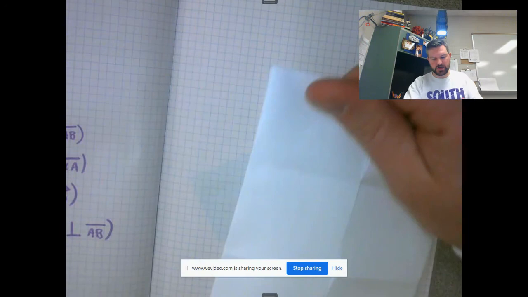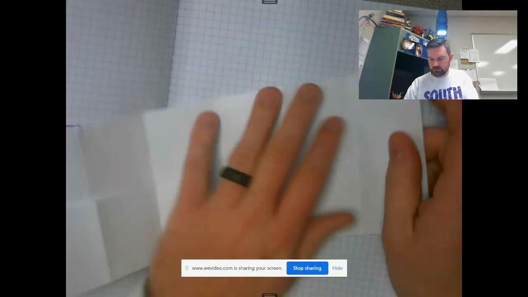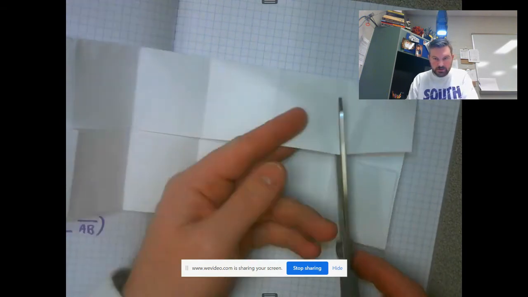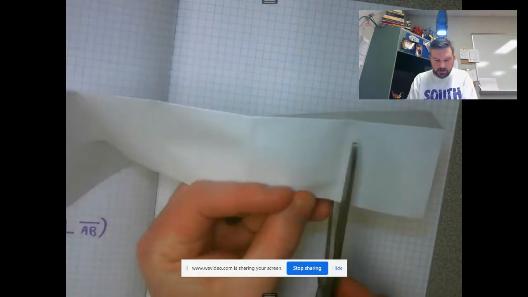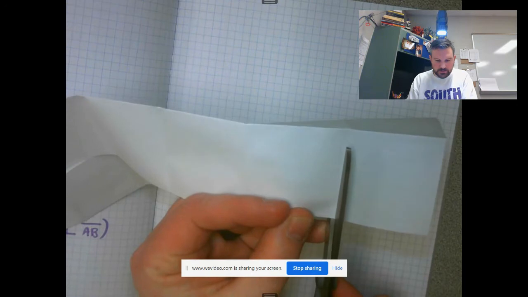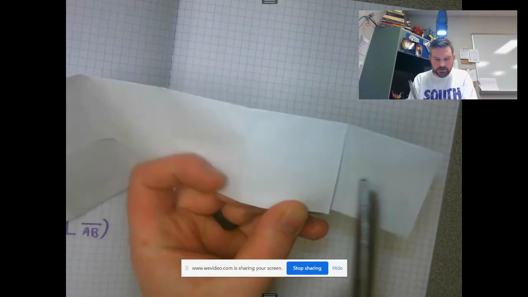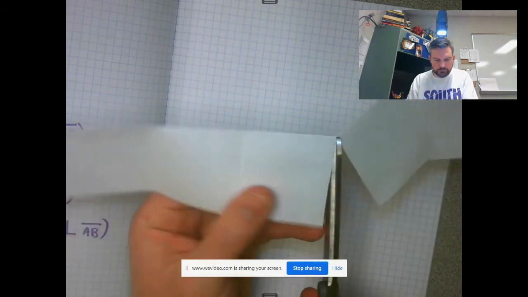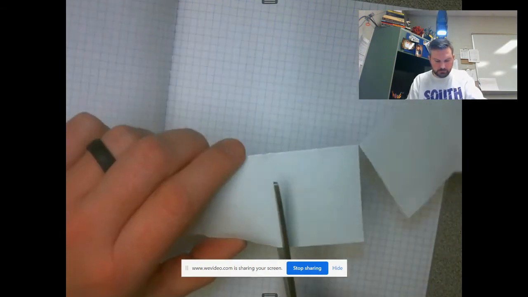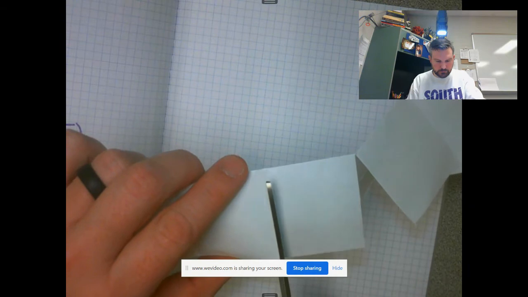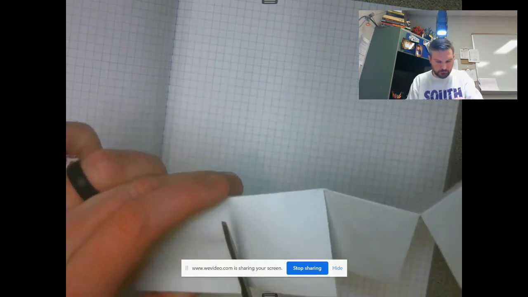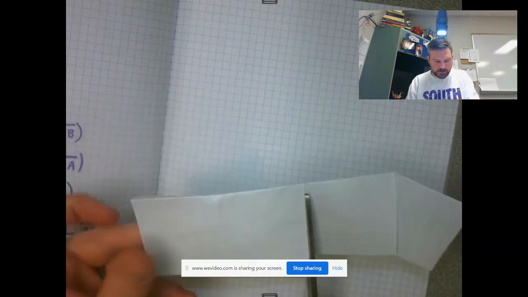And what we're going to do is make doors on each one of these sections. So all I'm going to do is cut the top little door. I'm going to cut it on all 6 of those lines on each side. Do the best you can.